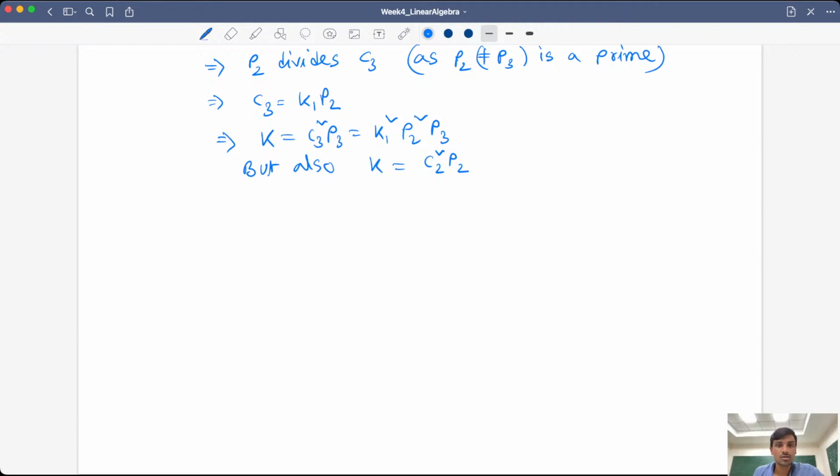So here you have the exponent of P2 is even, and in this case the exponent of P2 is odd.